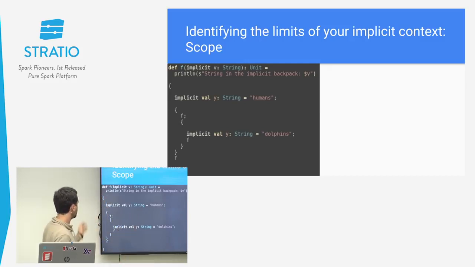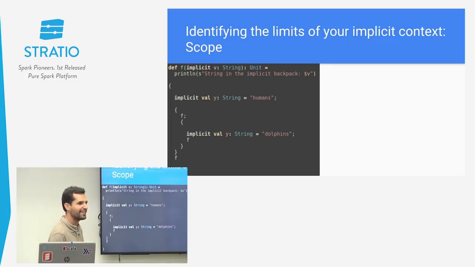Okay, and then you enter into this nested scope and call f. What do you think it's going to show? You are not passing y to f, but someone can make a guess of what will be the output of this code. Anybody? Yeah?